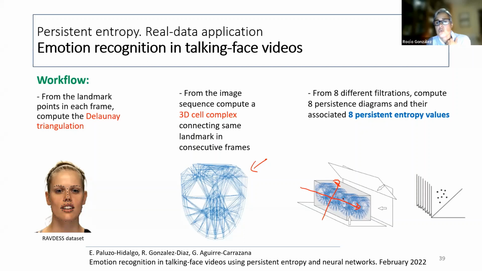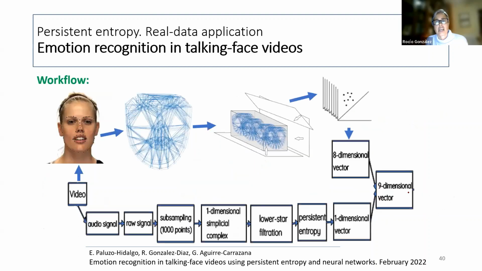This is to capture all the gestures of the motion, the small gestures we make when we express an emotion. Then we compute 8 different persistent entropies from the 8 filtrations we consider, and then we have an 8-dimensional vector. This is only from the image sequence.